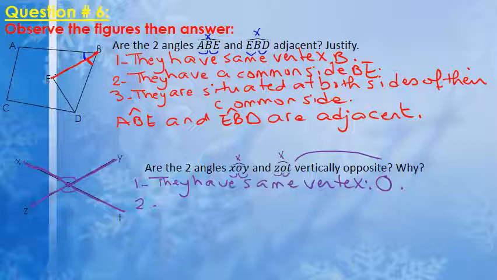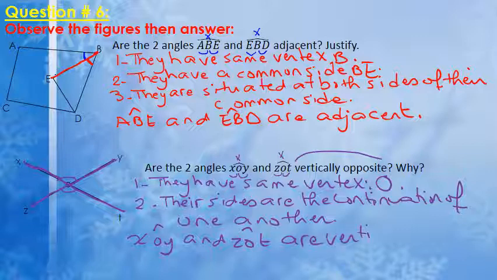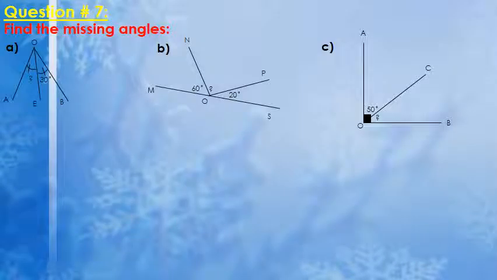So this is the second condition: their sides are the continuation of one another. Now we can say that the two angles XOY and ZOT are vertically opposite. These are the conditions.